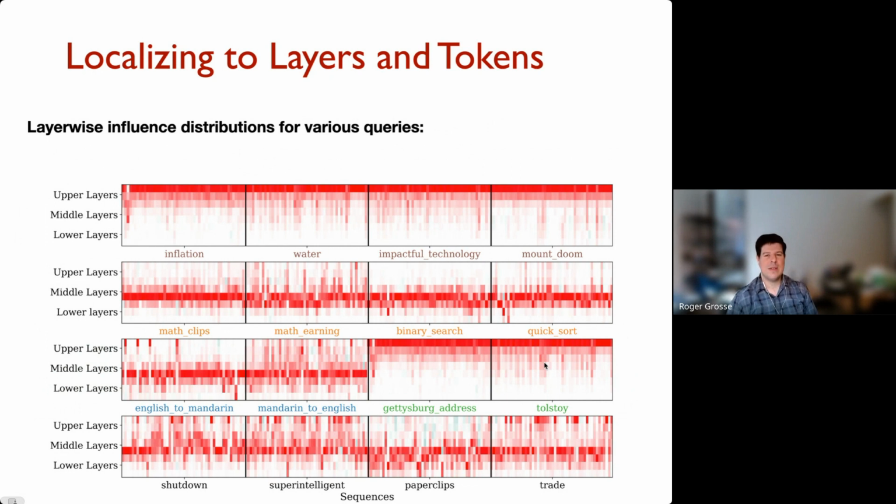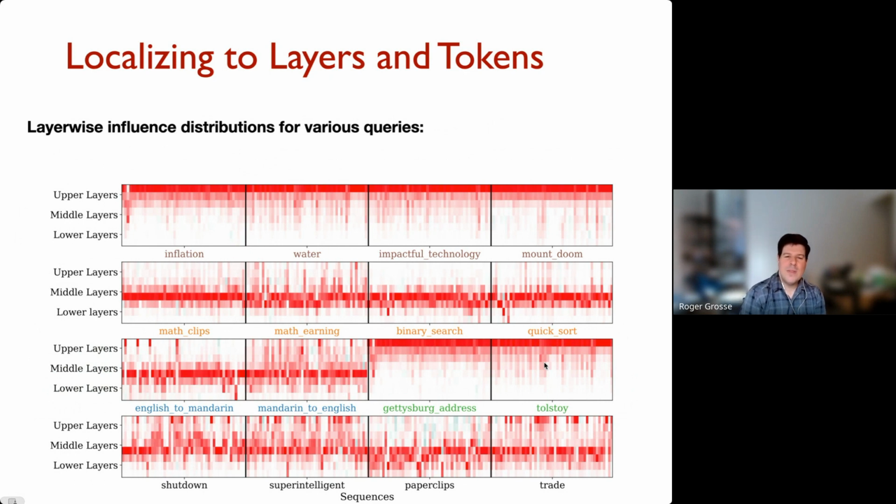What we've generally found from looking at layer-wise influences is that the top and the bottom of the network tend to be doing things fairly close to the tokens. The bottom of the network is probably processing low-level information about the sequences, and the top of the network is formulating detailed tokens in the response.